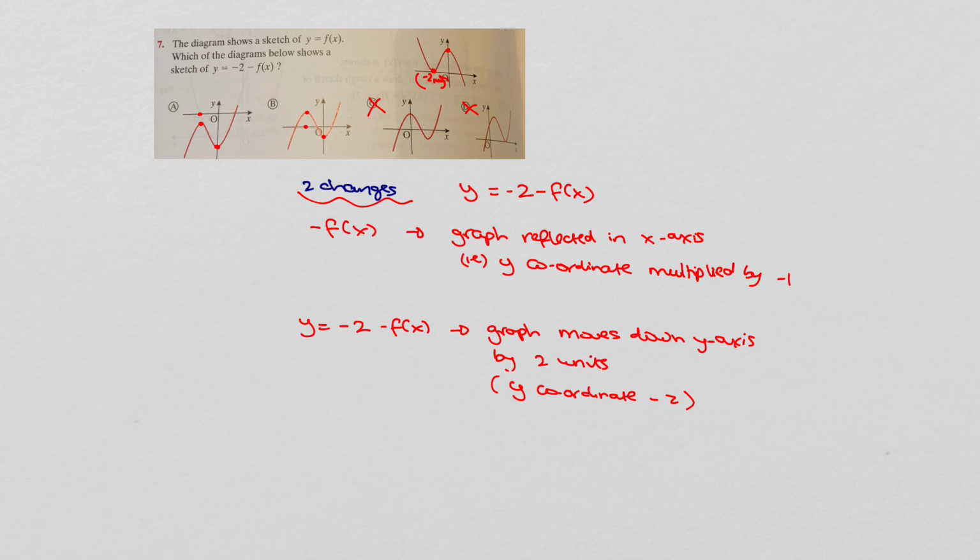But now if I look, I can see in B, that point has moved up, so I've added something to the y value, whereas this point has moved down, which means I've taken something away from the y value. And I need to be subtracting 2 from each of the y values, so therefore it has to be A. So it's by the process of elimination. In this case, we would say, therefore, y equals -2 minus f of x is graph A.